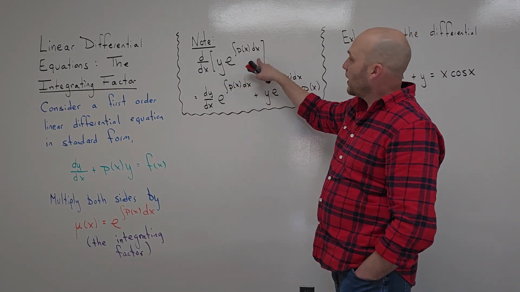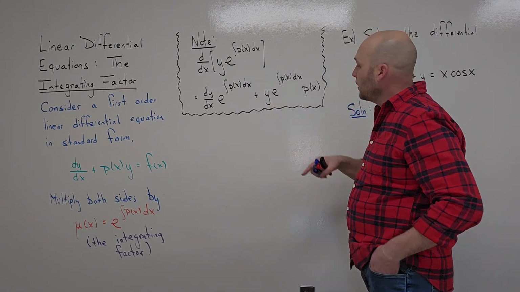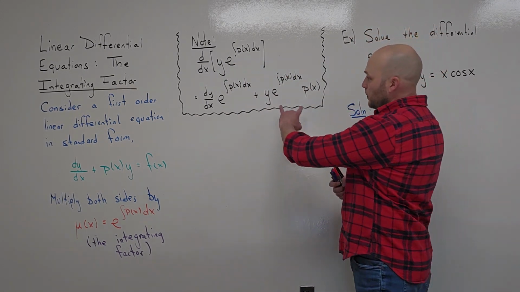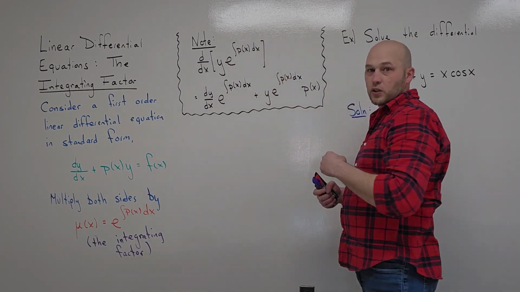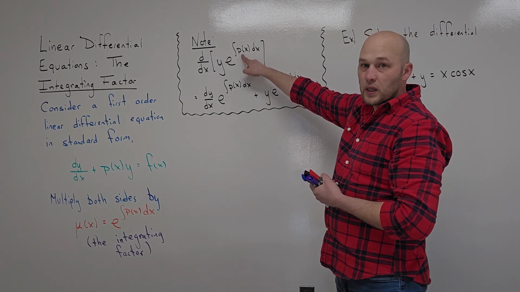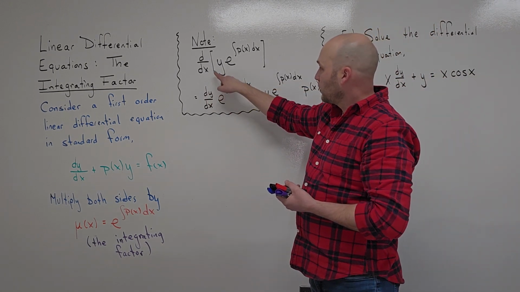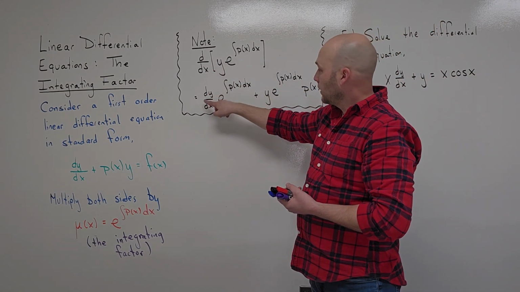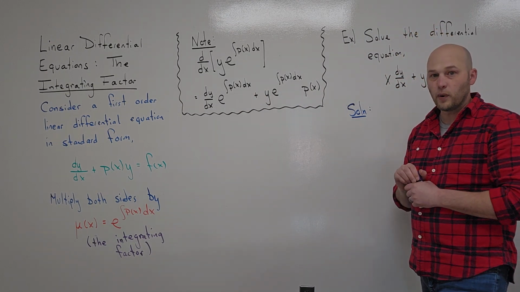Since this is an exponential with a function on the inside, we use the chain rule: the derivative of the exponential, times the derivative of the inside function. The derivative of the antiderivative of p would be p itself. So keep in mind that the derivative of that product gives me this expression right here. We're going to use that in a moment.